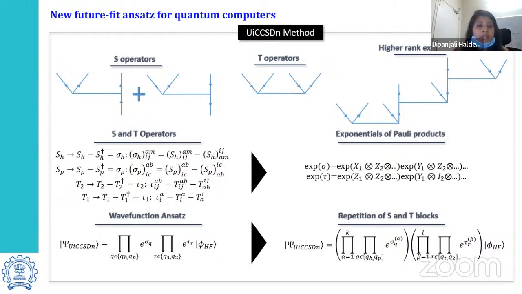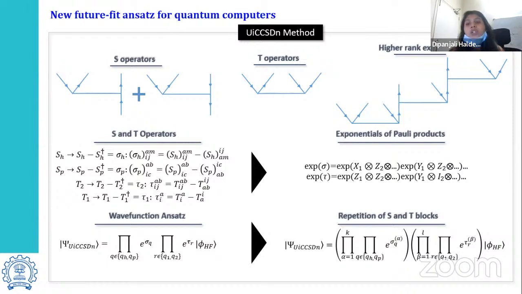So we have written down the unitarized versions of the S and T operators here, and we again do a mapping to convert these operators into the qubit basis, and our wave function ansatz looks like this on the left hand side at the bottom. So we have first all the quantum gates corresponding to the S operators, which necessarily act on the entangled states produced by the e to the power T operators acted on phi Hartree-Fock.